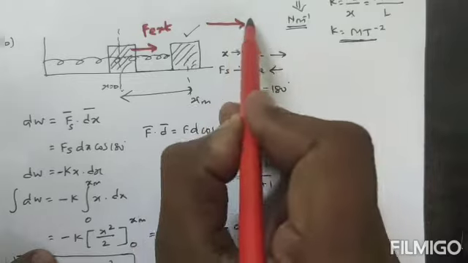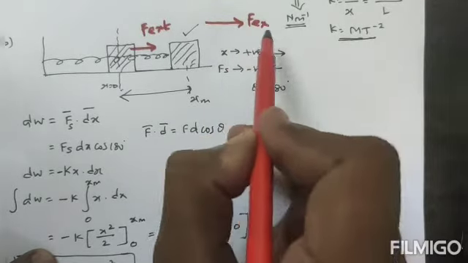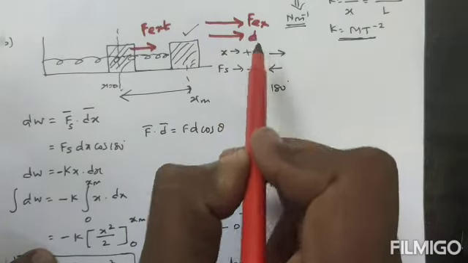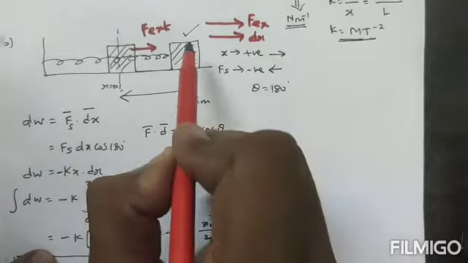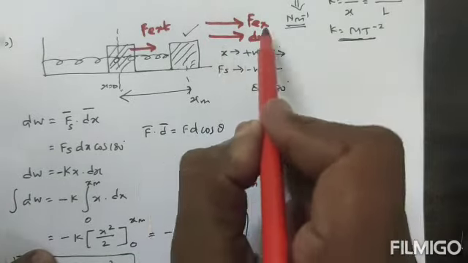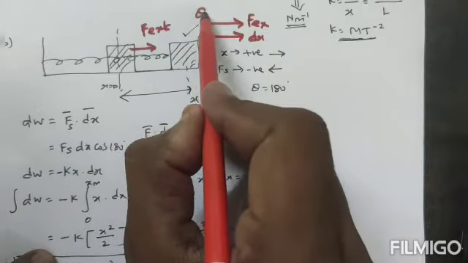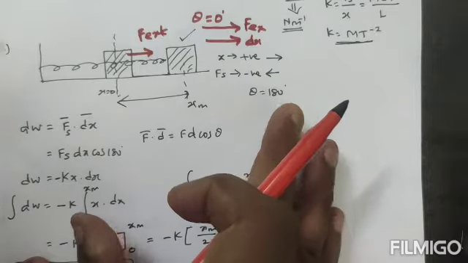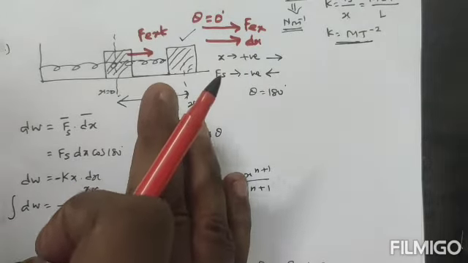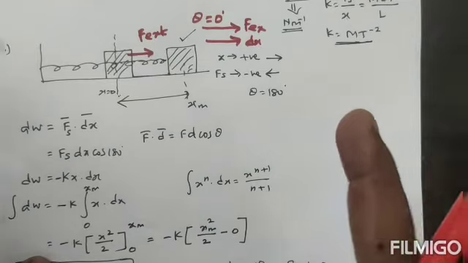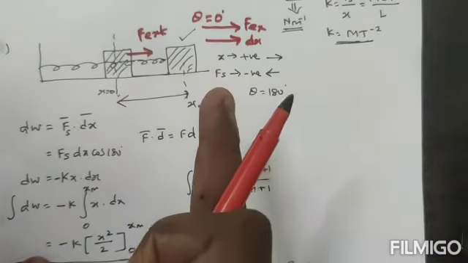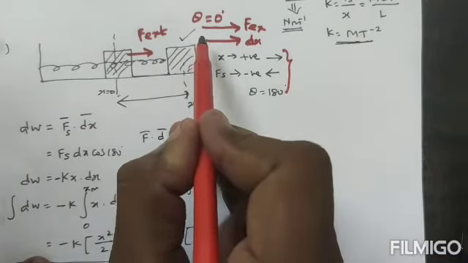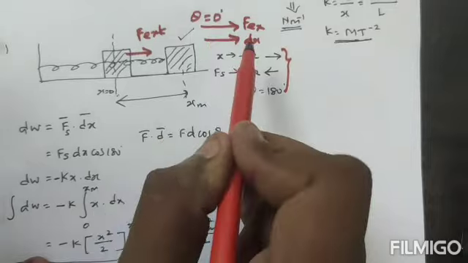The displacement, dx or x direction, is also the same direction. So what is the angle? The angle theta is equal to 0. In the same diagram, for the work done by the spring force we took 180, but for the work done by the external force we take the angle as 0.